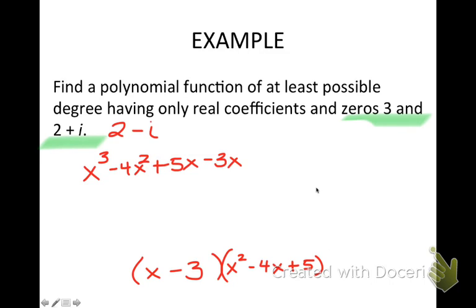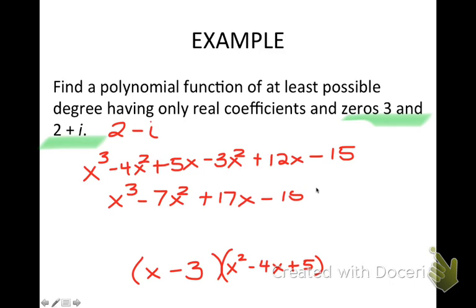Negative 3x squared plus 12x minus 15. Combine like terms. x to the third, what's it going to be? Minus 7x squared, plus 17x minus 15. And let's call it f of x. There you have it.